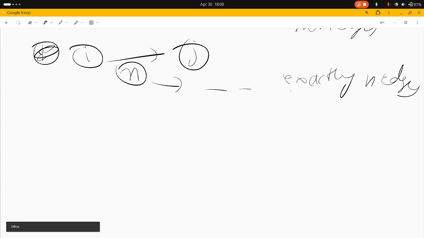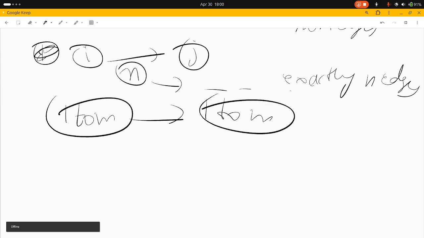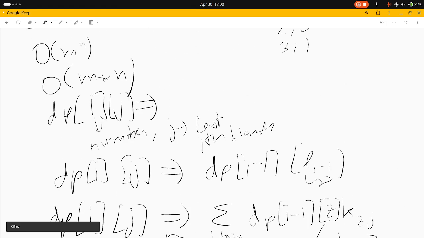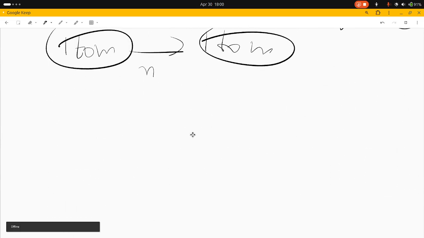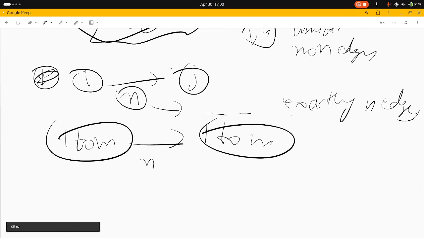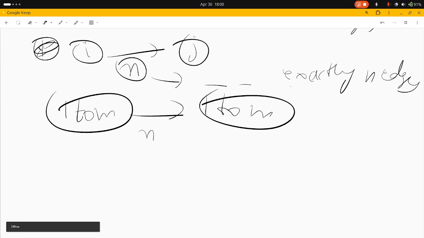What we have to do is like number of ways of reaching 1 to m to 1 to m with exactly n edges or something. So this one is a graphical question. So if you assume this graph, we know that we can write the edge matrix for a graph.